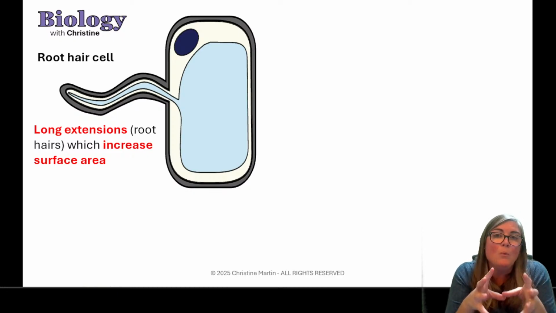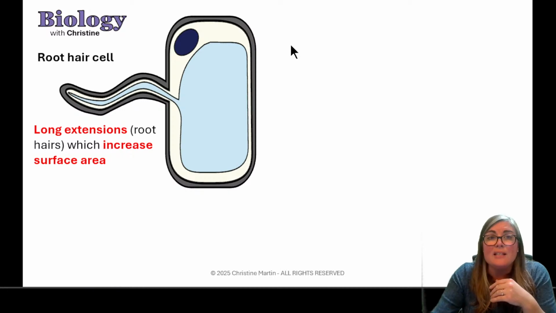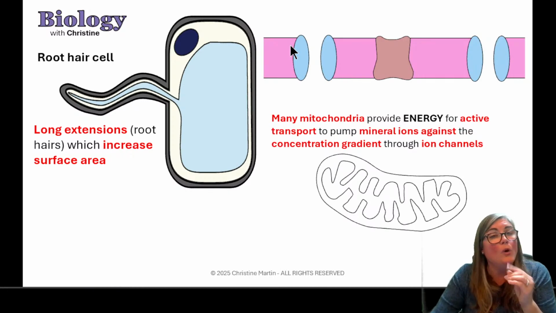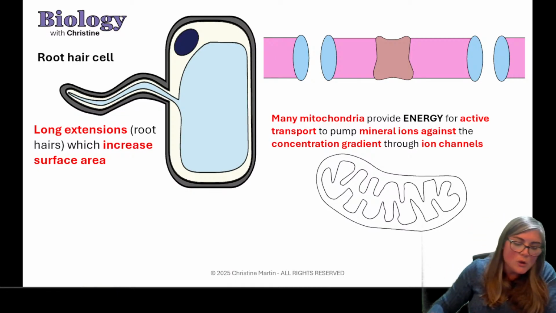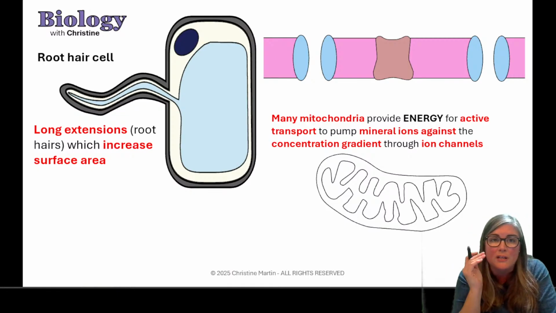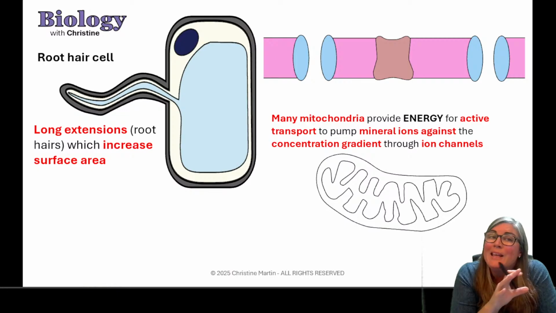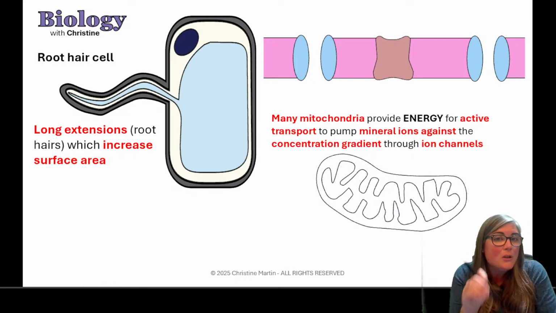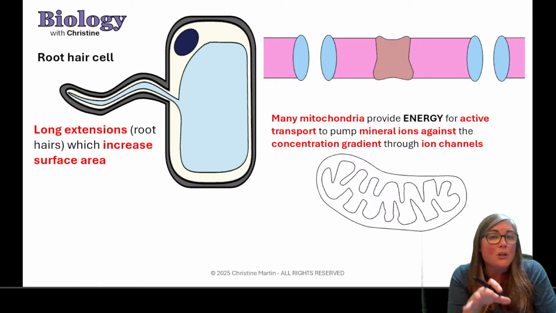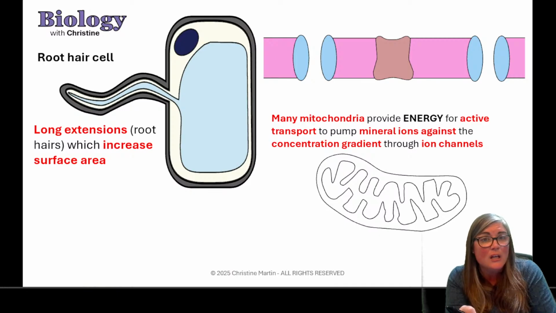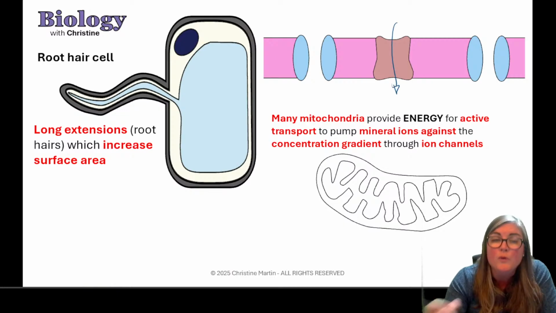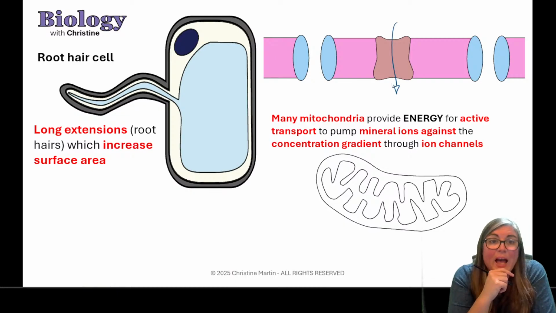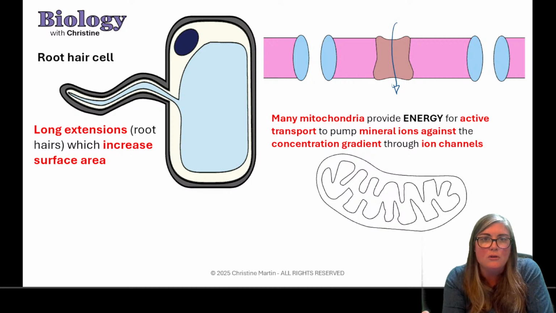But the only way we can get water to move into the cell is if we have got, one, pores to allow water to move in, but two, if we have a concentration gradient. So a root hair cell is adapted because it has lots of mitochondria, and mitochondria provide the energy for active transport. And what needs to happen is the mineral ions will need to be moved into the cell against their concentration gradient.